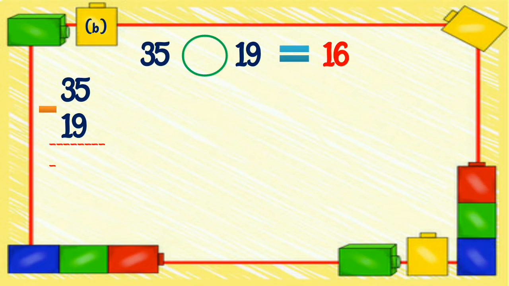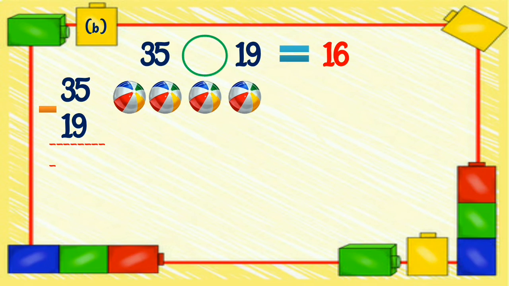Now we can see the number 5. 5 minus 9: we cannot cut 9 from 5, so we borrow. In 5 we cannot cut the number 9.